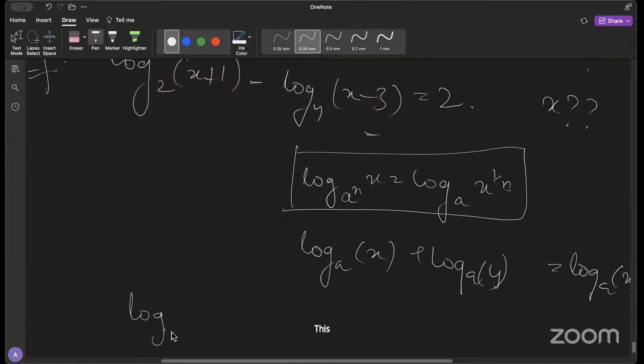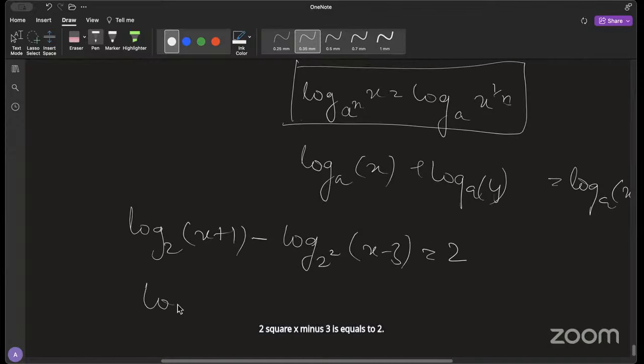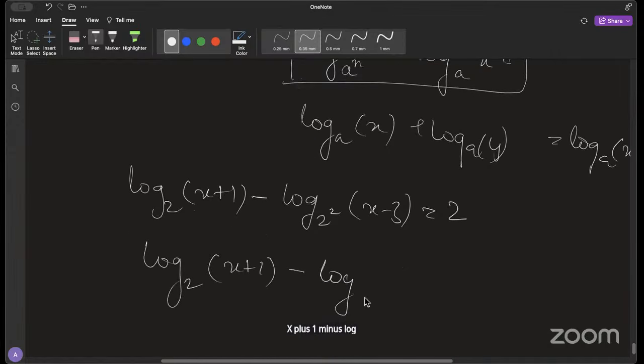This will become log base 2 of (x+1) minus log base 2 squared of (x-3) is equal to 2. So this will give you log base 2 of (x+1) minus log base 2 of the square root of (x-3) is equal to 2.